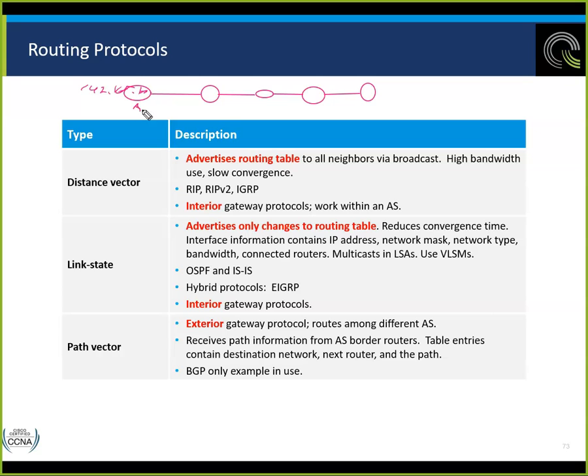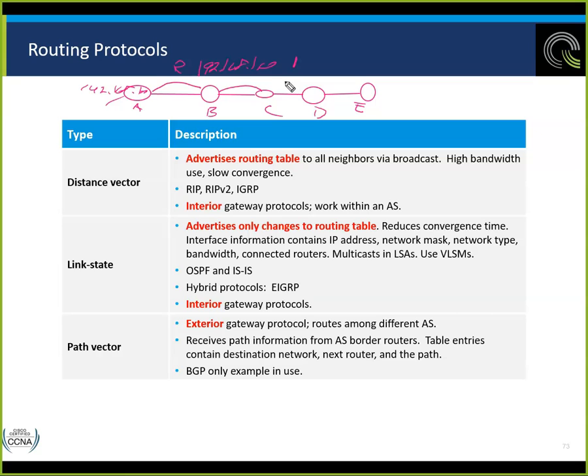It tells what A, B, C, D, E. A tells B, hey, I know how to get to 192.168.1.0. So B adds the 192.168.1.0 network to its route table, with R, the letter that represents how it learned it, RIP, and then it adds 1 to the hop count, saying it's 1 hop away, 1 router away.